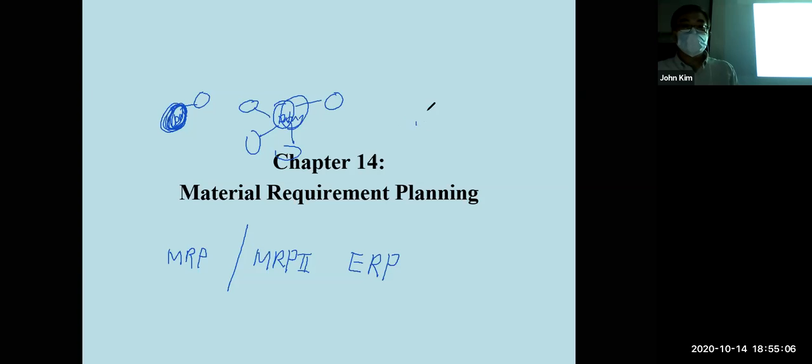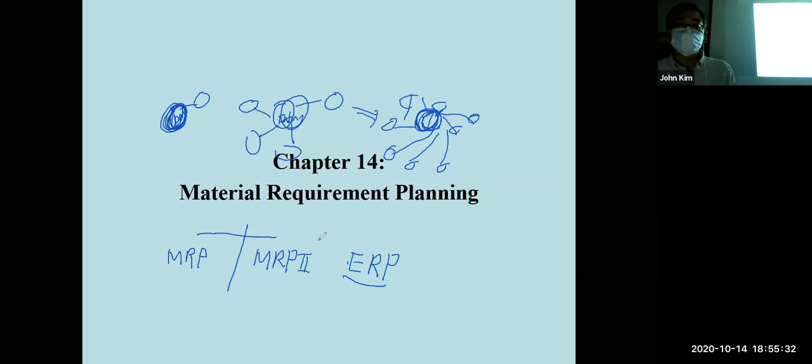The enterprise ERP, or every department in a company use the same program and database. So that is ERP system. So we say from MRP system to ERP system, advanced and developed. So this is an MRP system.